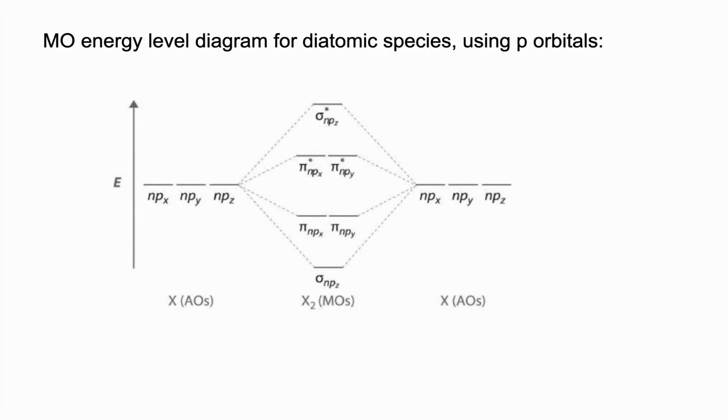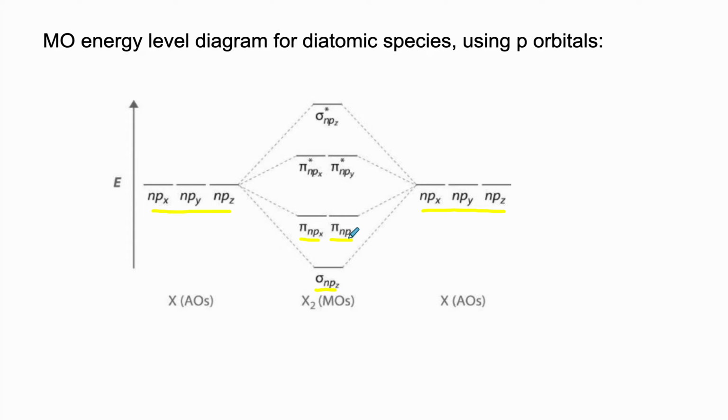On the outside, we have the p orbitals on the starting atoms. And then we can see, once again, we're combining a total of 6 atomic orbitals, so we expect to get out a total of 6 molecular orbitals. And those will include the sigma bonding molecular orbital, 2 pi bonding molecular orbitals that are at the same energy.